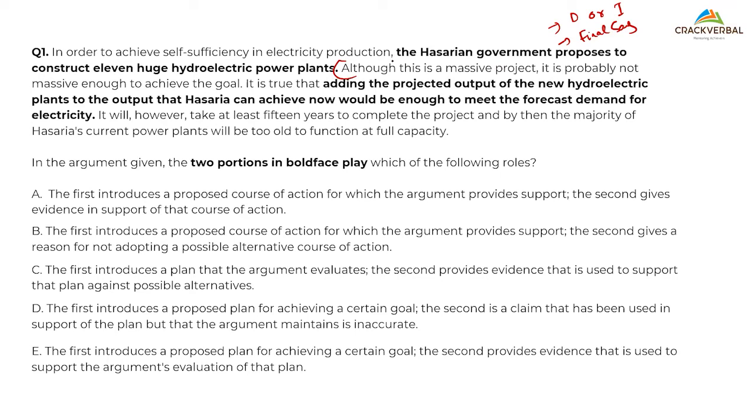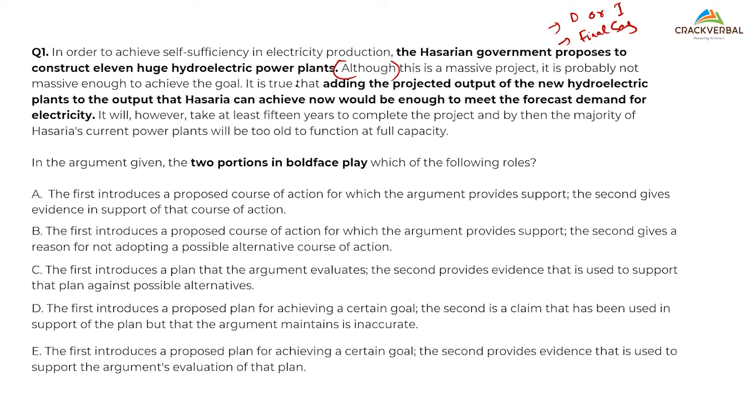The moment I see the word although, I'm a little cautious. The moment I read this, I catch the writer's thought process. The writer doesn't think this will be enough to achieve the goal. So the author and government are not in sync.